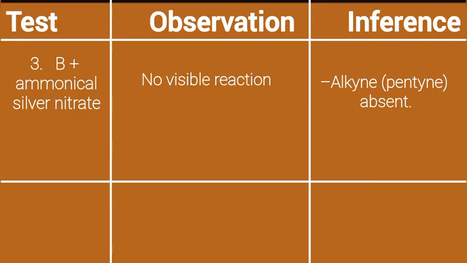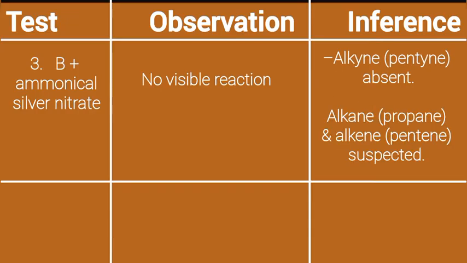Now, if the possibility of B being pentyne has been eliminated, it means that we will be suspecting liquid B to either be propane or pentene, that is an alkane or alkene, because these two do not show visible reaction with ammoniacal silver nitrate. And hence, I would write alkane, propane, and alkene, pentene, suspected.